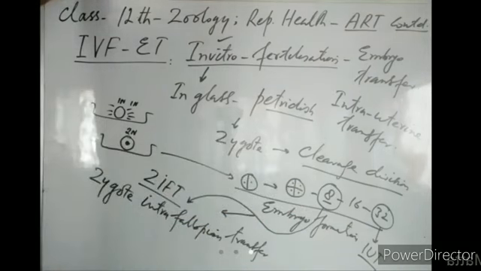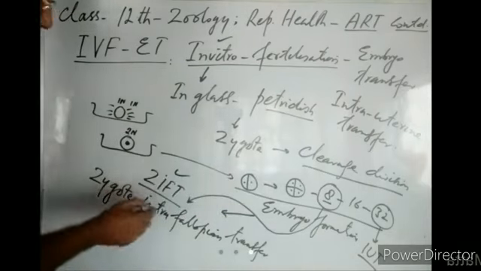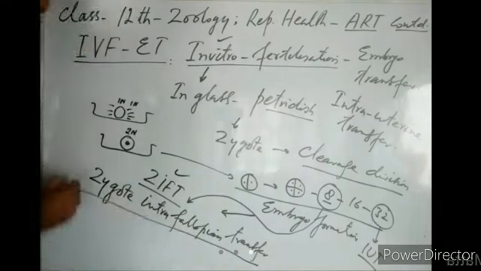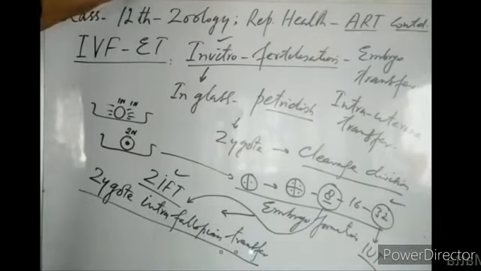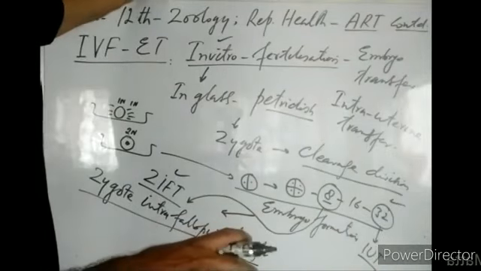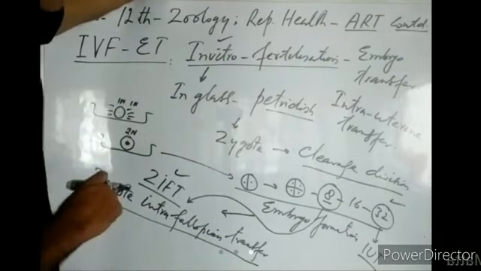At 8-cell stage, we may directly transfer this zygote into the fallopian tube. That is ZIFT, zygote intrafallopian transfer. If the embryo at 32-cell stage is transferred into the uterus of the female, then it is known as IUT, intrauterine transfer, right?